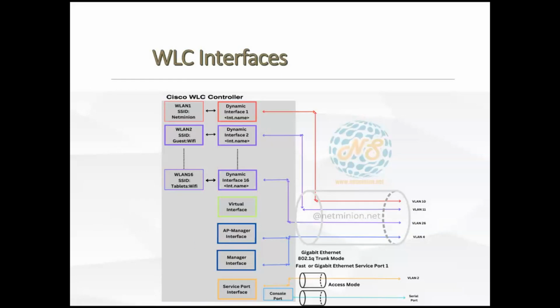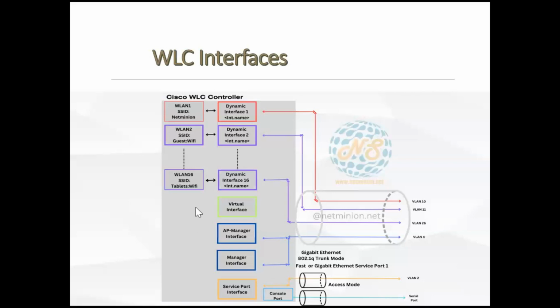The AP Manager IP address is used as a tunnel source for your CAPWAP or LWAP packets, and can be used as the destination IP address from your access point to the controller. Again, important stuff.